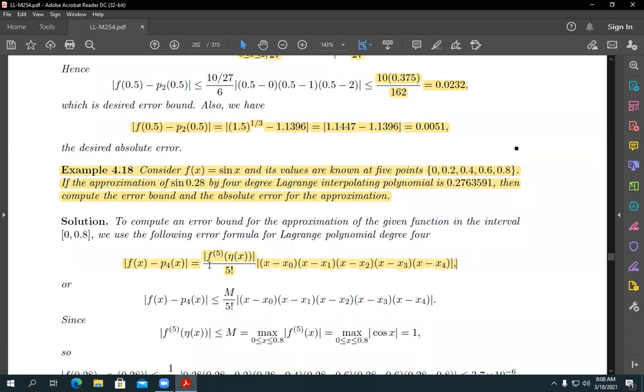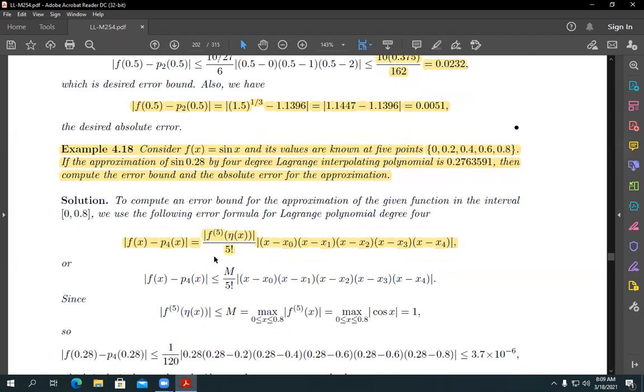So you need to find the value of M. M is the maximum value of the 5th derivative of the function in the given interval, then 5 factorial, and the rest is given. X is given as 0.28, and x naught, x1, x2, x3, x4 are given directly by the teacher.